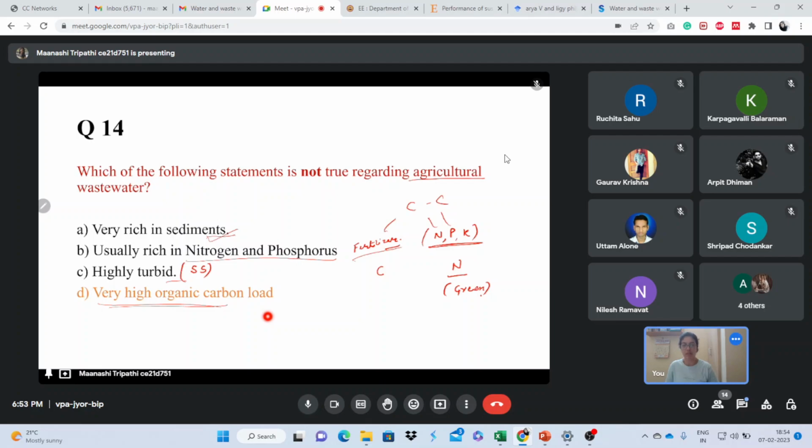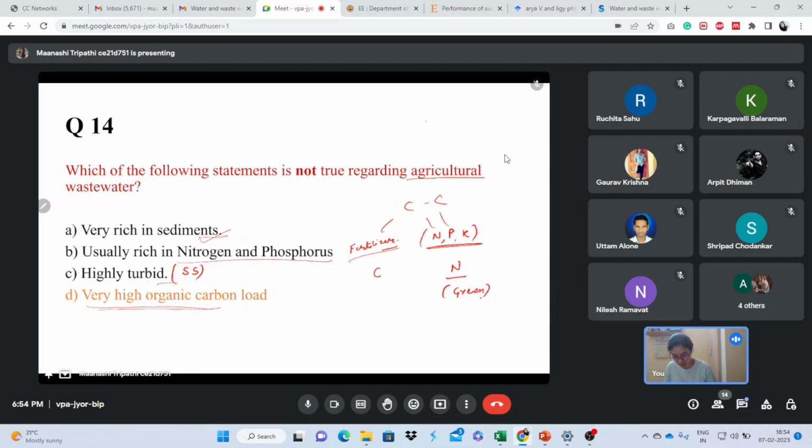High carbon, when we talk about high carbon, it will be mostly the sludge. I'm unable to give you examples from the field, but like dye, you know this.